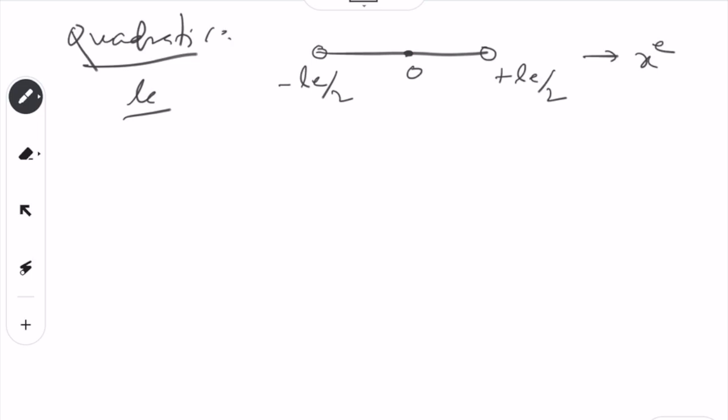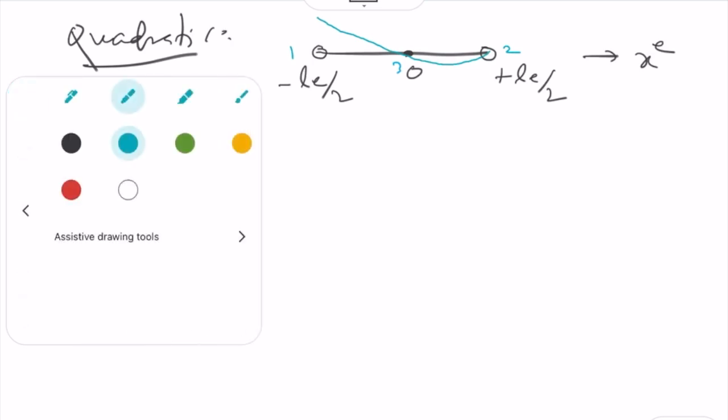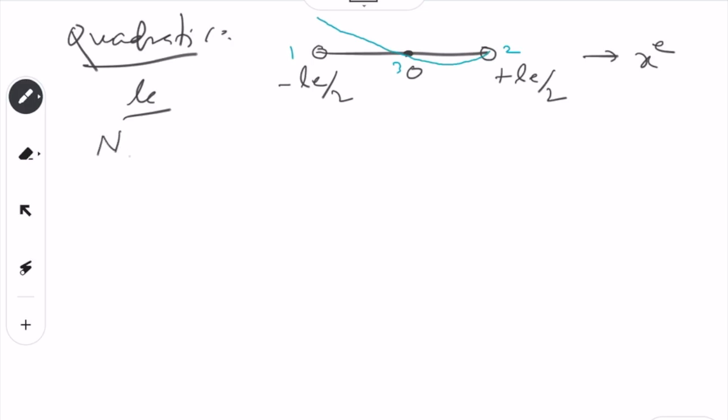Now we can write N1. We call this node 1, this 2, this 3, and go like this. So N1 of xe will be equal to, if you see, it passes through x equal to 0 and x equal to Le over 2, hence these are the two roots.